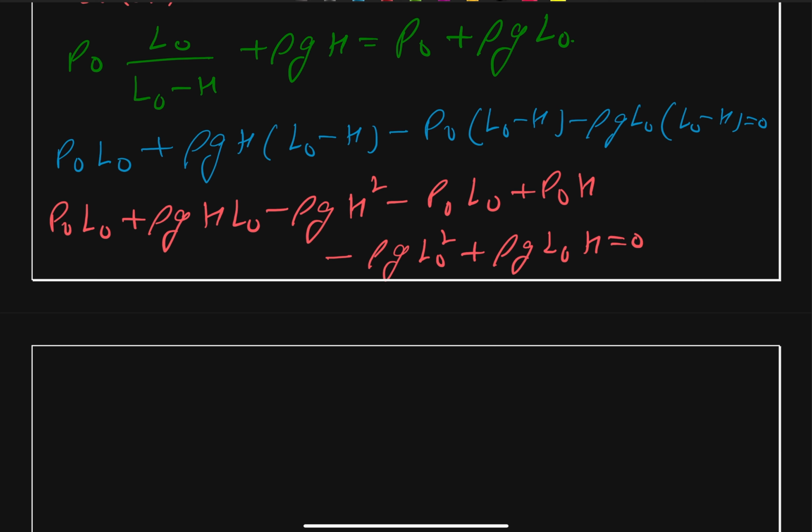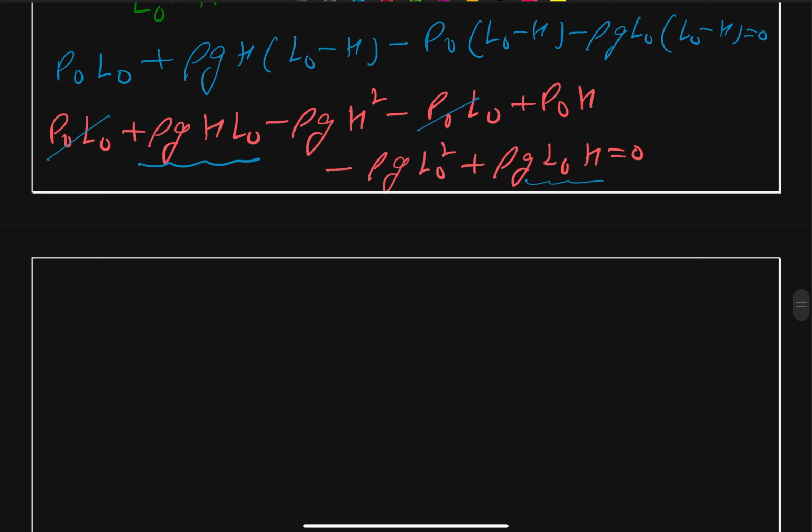And this P naught L naught, P naught L naught cancels out, and this is our rho G H L naught, and this is also rho G L naught H. So we can add them.